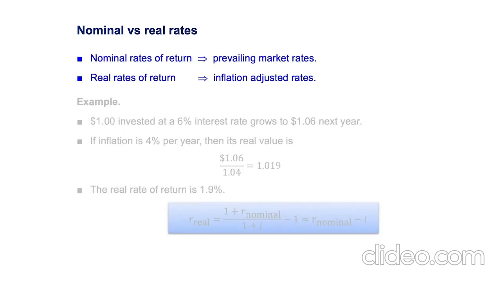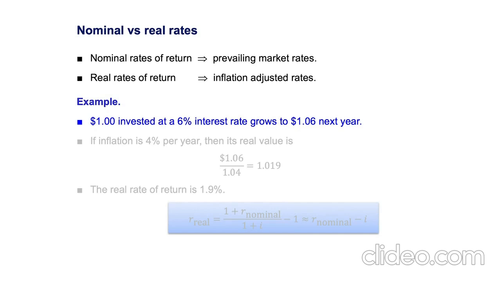We can do the same for rates of return. For rates of return, the prevailing market rates that we see in the market, for example, the interest rates quoted by banks, are typically nominal rates of return. But what we should care about will be the real rates of return, which are inflation adjusted.